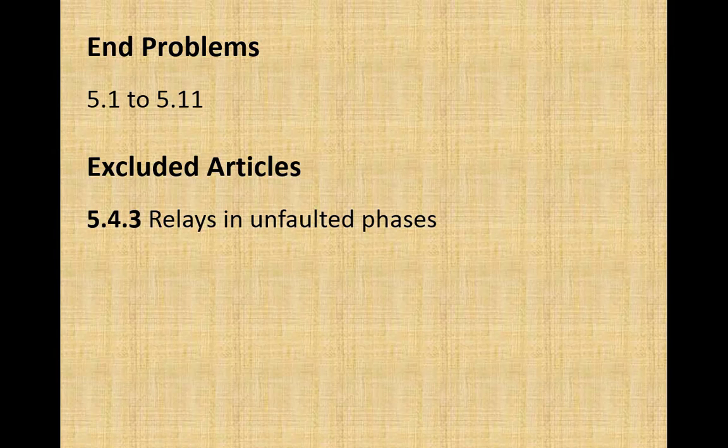Article number 5.9 is also excluded, but its sub-articles 5.9.1 and 5.9.2 are included, and we have just discussed them. These two are part of the course, and here it is excluded.